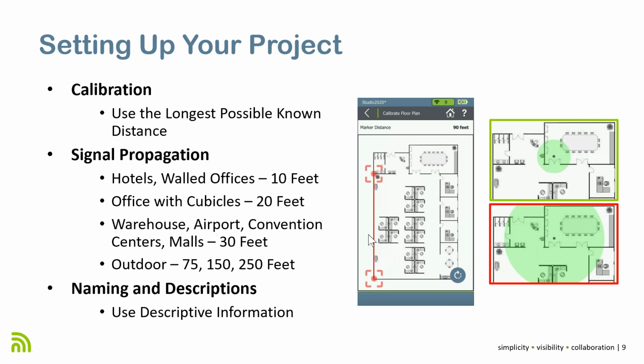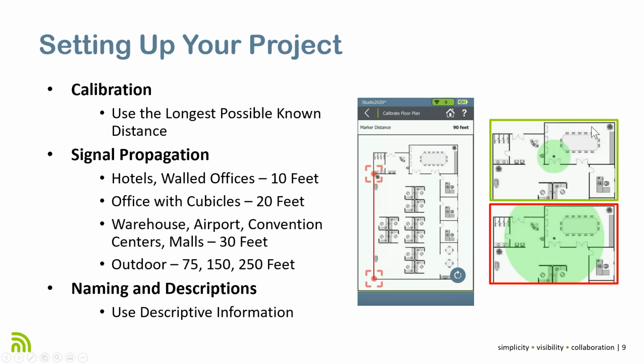Next, besides the calibration, another part that's super important and some people forget about is the signal propagation. This basically tells you how far from the center, or where you collected the data, the software will assume the signal will propagate.